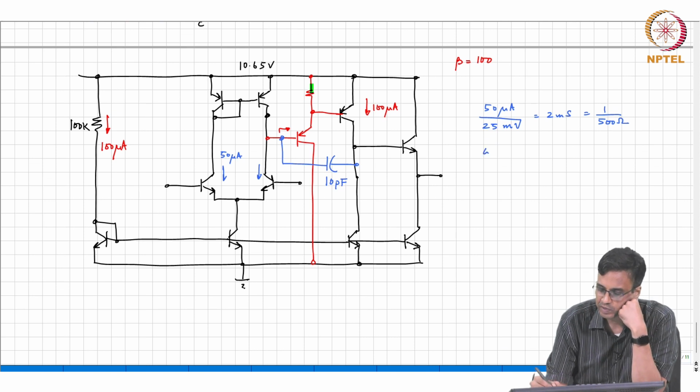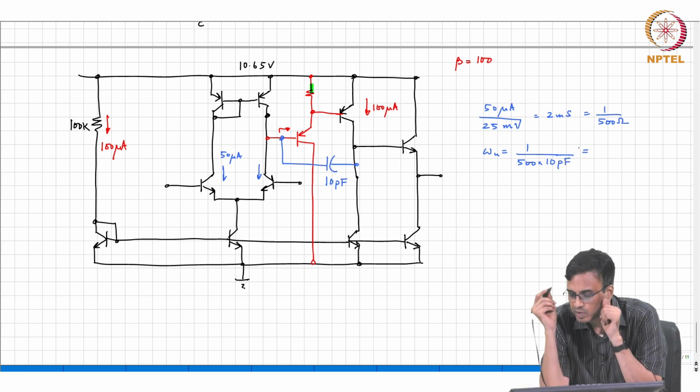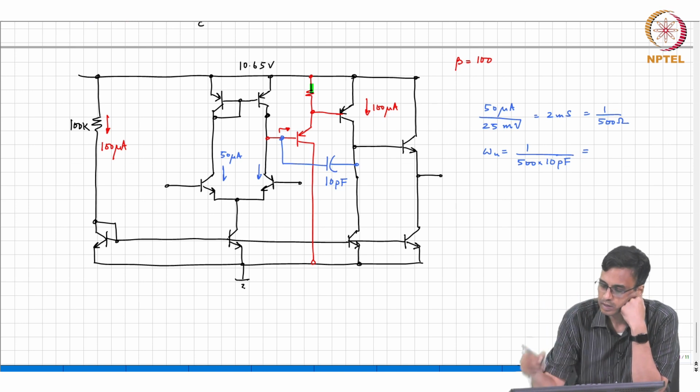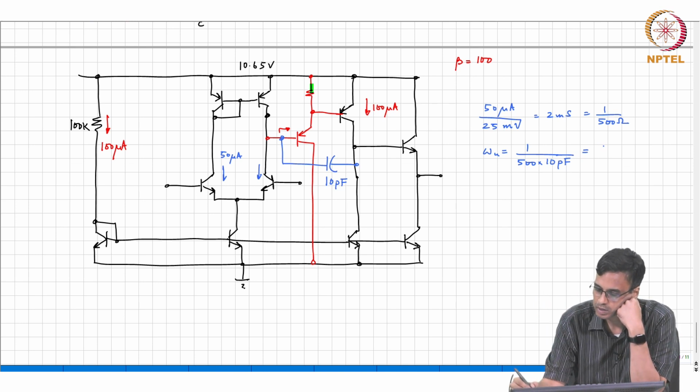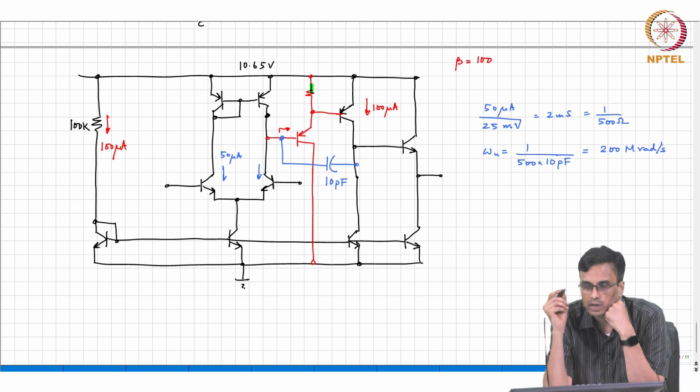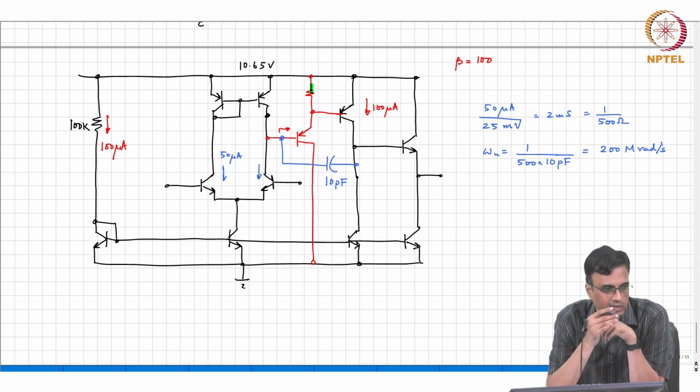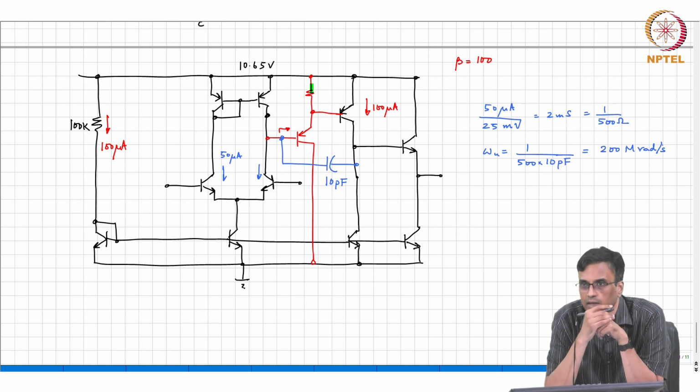So, the unity gain frequency omega u is nothing but gm by CC, which is 1 over 500 times 10 pF, correct, which is 200 megaradian per second. Okay. So, you divide by 6 roughly to get the unity gain bandwidth in megahertz.